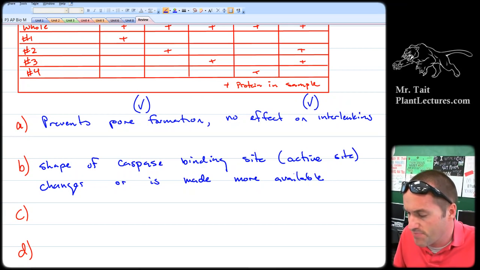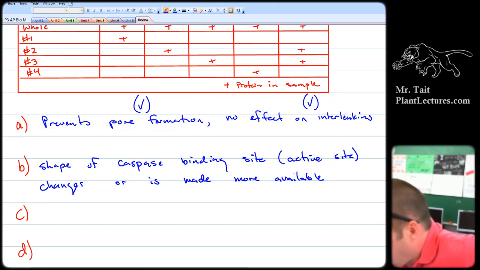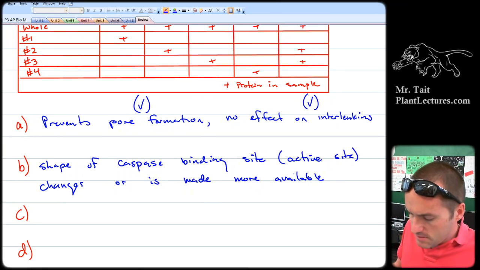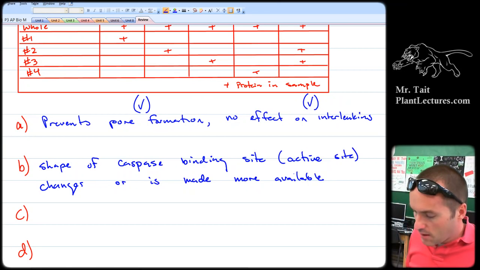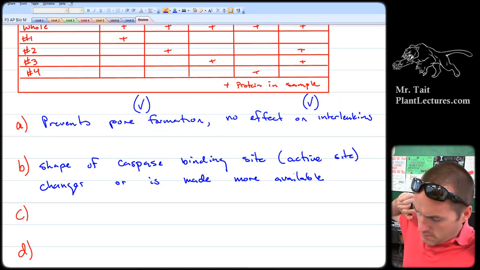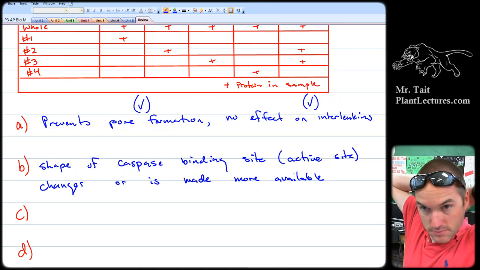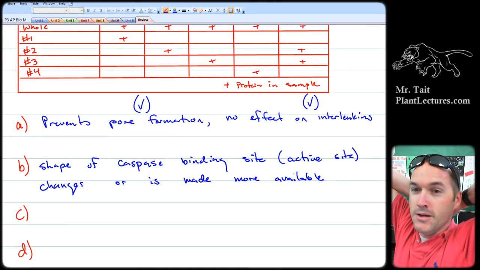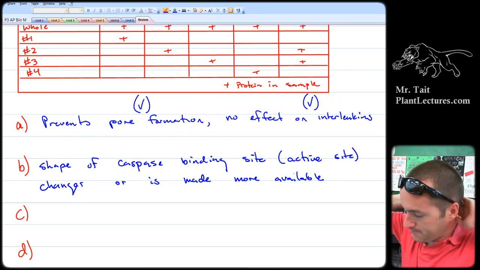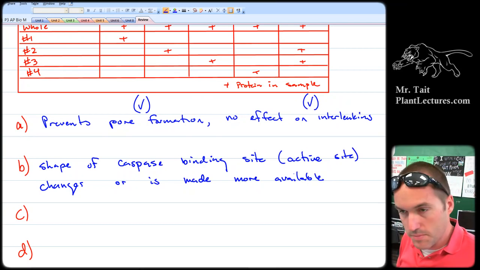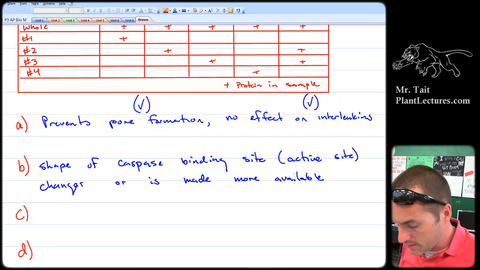Can you talk about allosteric? Yeah. Yep, that seems fine too, I think, in this case. Is it okay if we just said cleaving caspase 1 removes the inhibitor? Could be, yep. Could be removing an inhibitor. Yep, that's fine too.